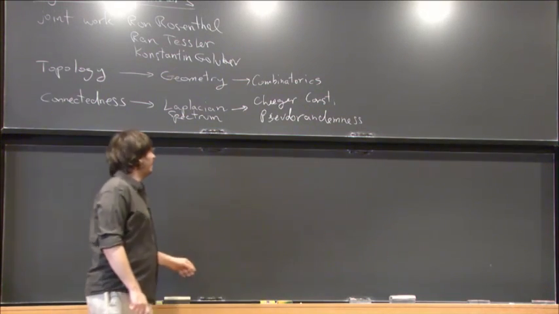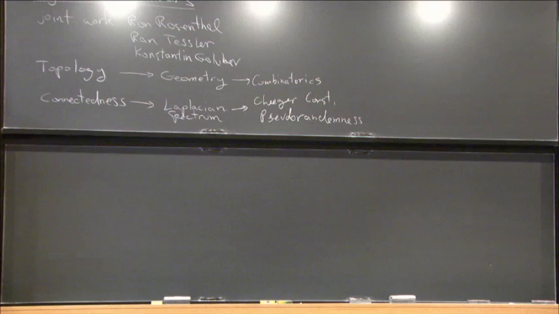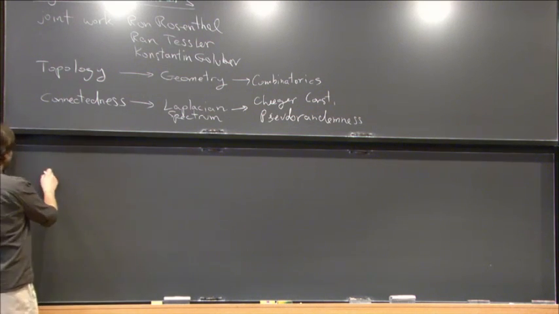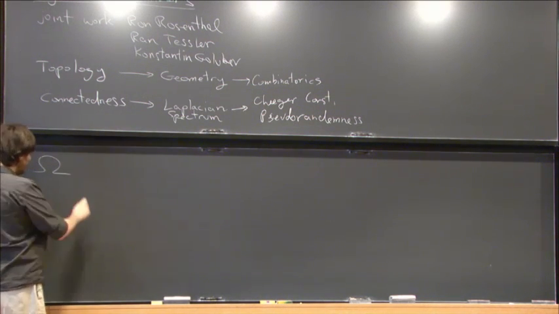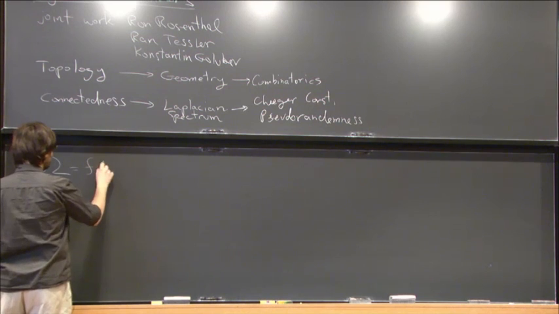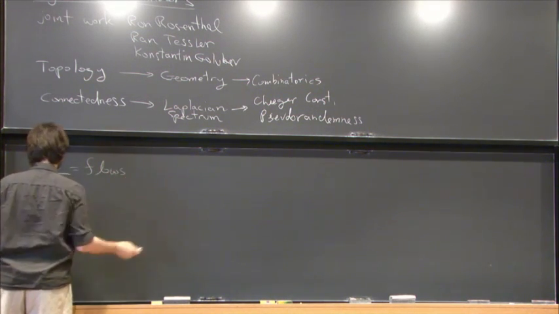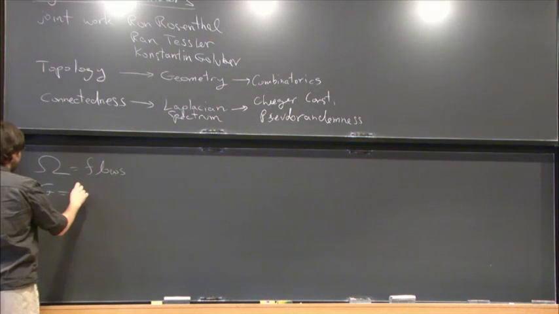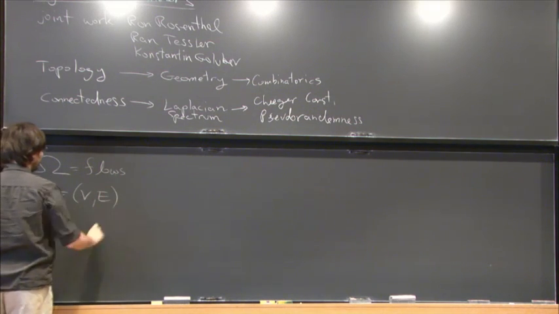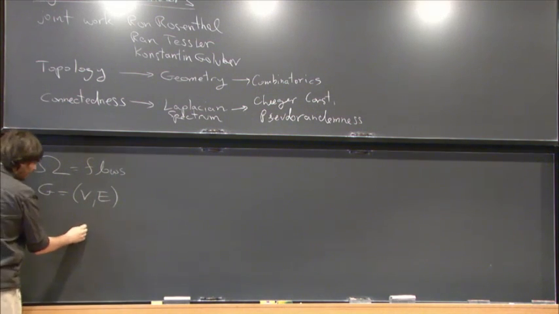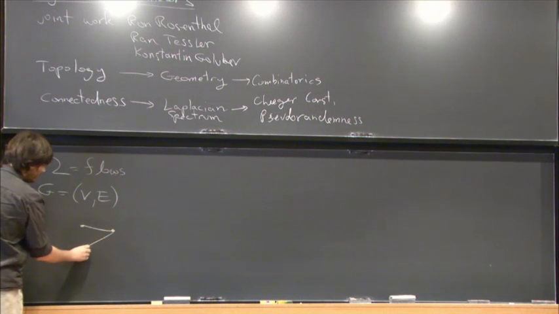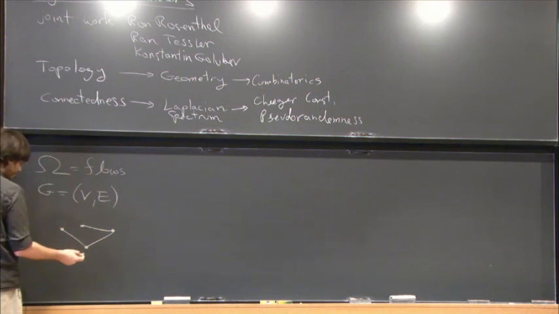So I'm starting with graphs, but not with the usual point of view. I'm going to define first this space omega, which is the space of flows. We have a graph G with vertices and edges, and flows are assignments of directed values to the edges.